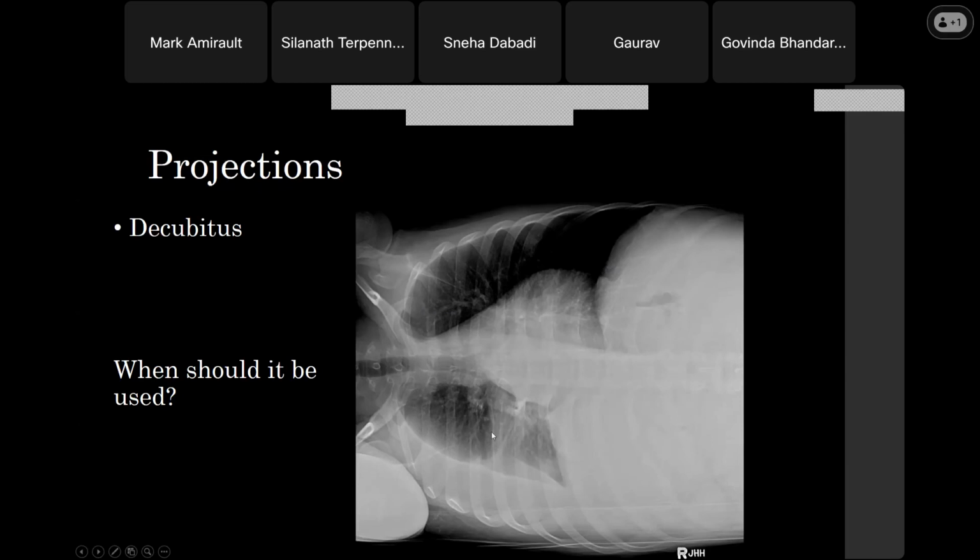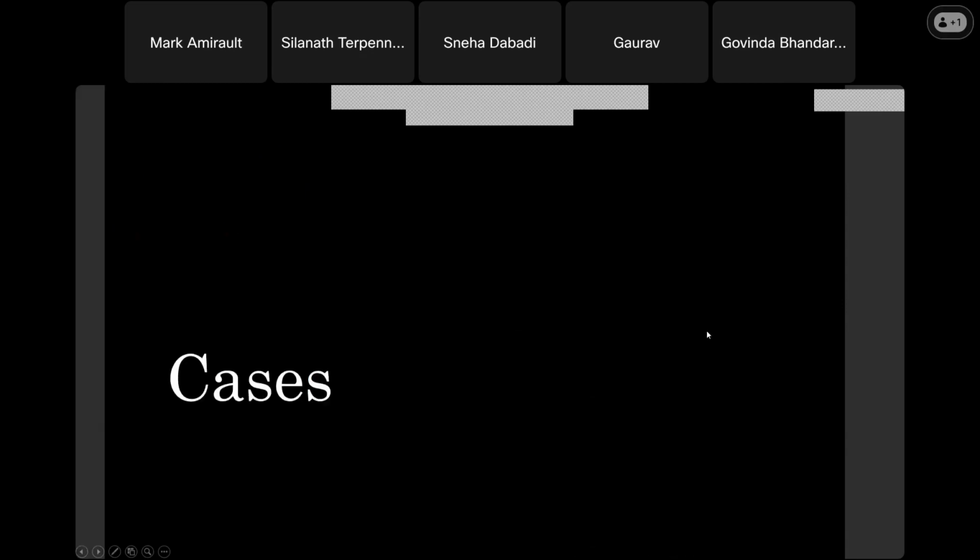The patient is lying on the side of concern, and you can see this fluid layering. So you can use it for detecting pleural effusions a lot better. You can use it for detecting pneumothoraces a lot better because, opposite to this fluid, which will go down with gravity, air will go up. But really, it's more of a pediatric use.